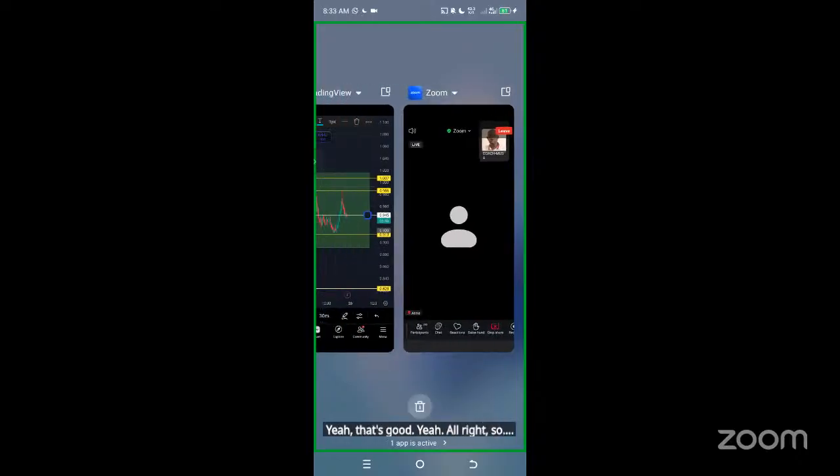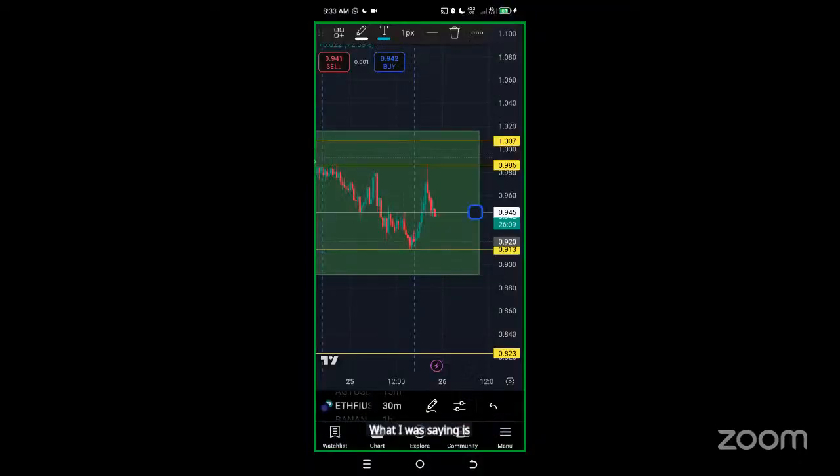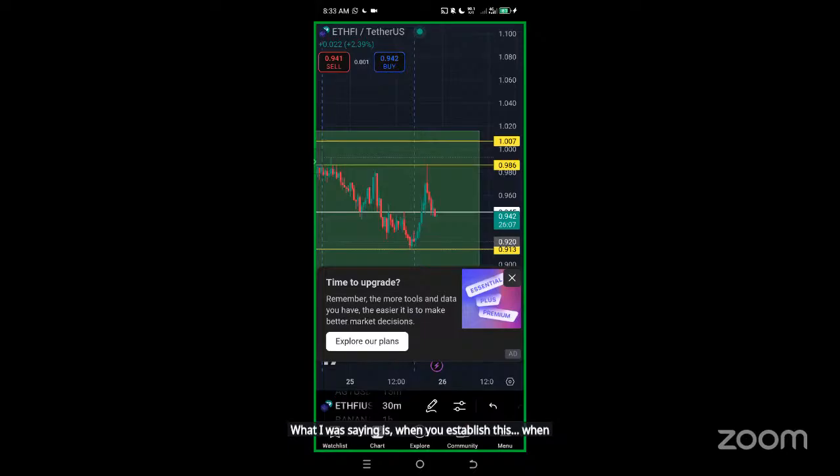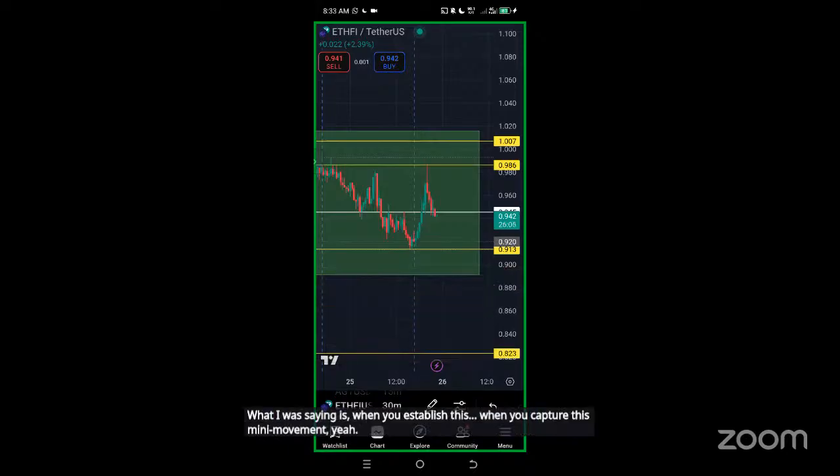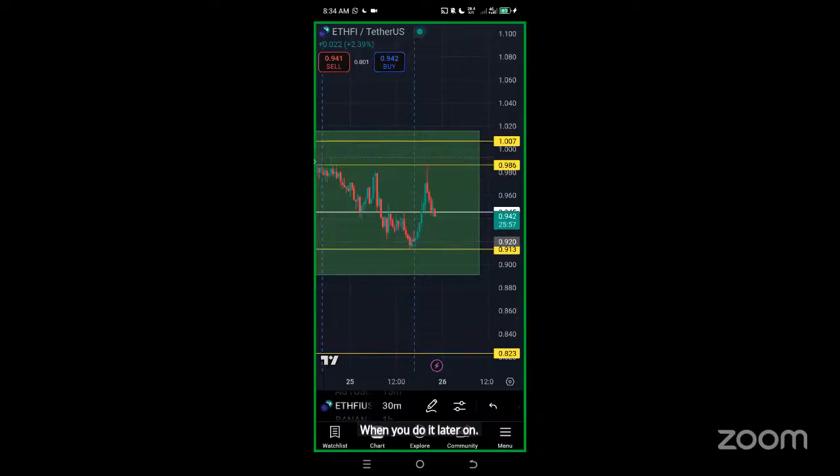So what I was saying is, when you capture this mini movement in between resistance 1 and resistance 2, which you do not actually capture while focusing on the major resistance 1 and 2, when you do it later on by tracking through how the price performed previously, it guides you a lot.